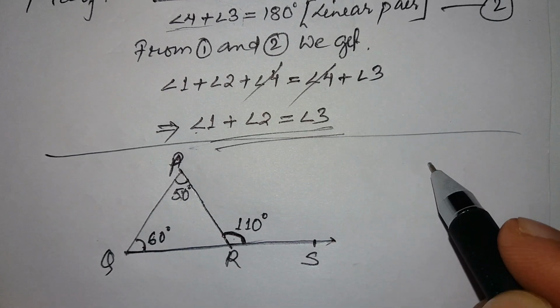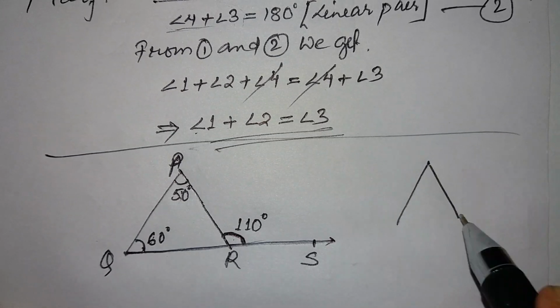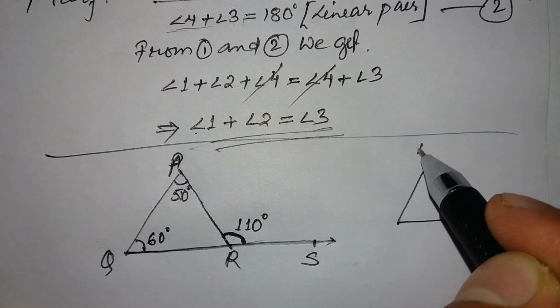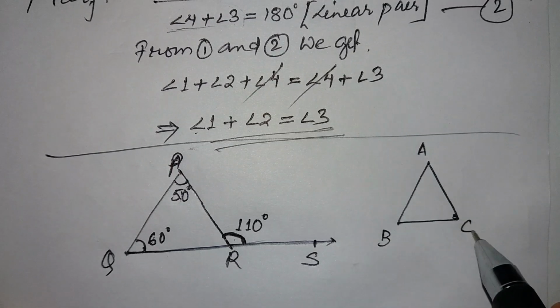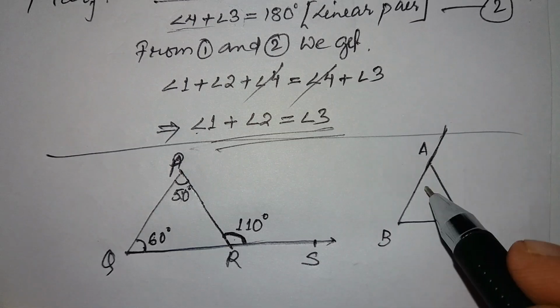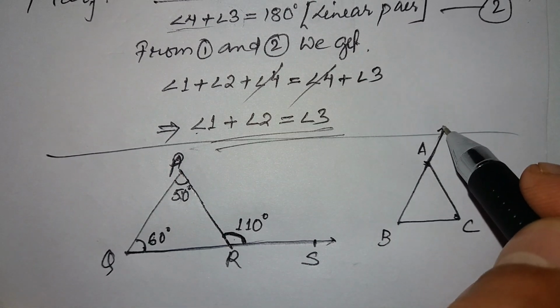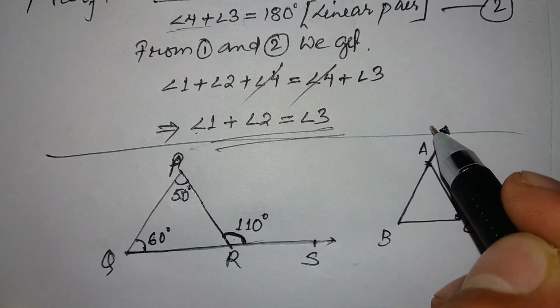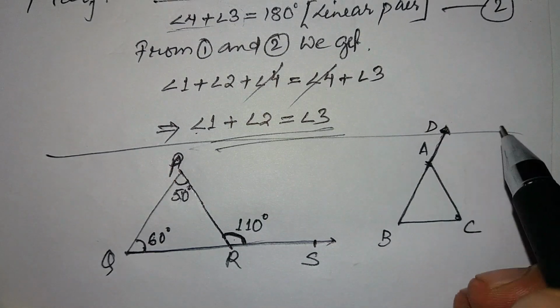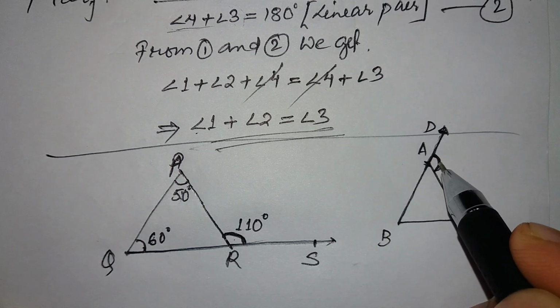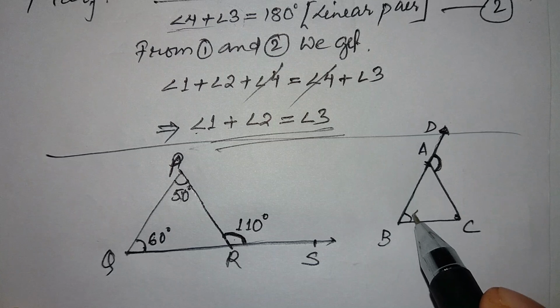Now let's take another triangle like this. Let's say this is ABC. Now I'm going to produce this BA. If I produce BA here, let's say this is D, then the exterior angle formed here is this one, and this angle must be equal to this angle plus this angle.